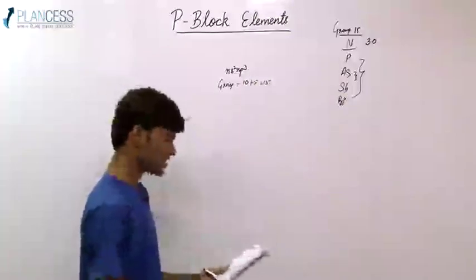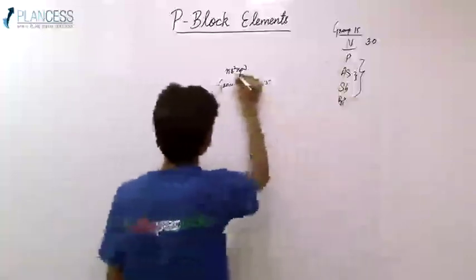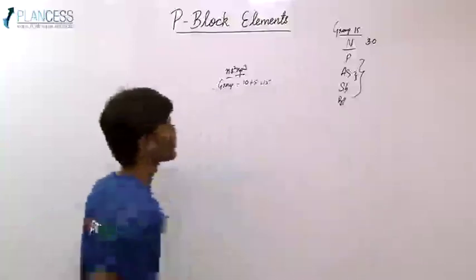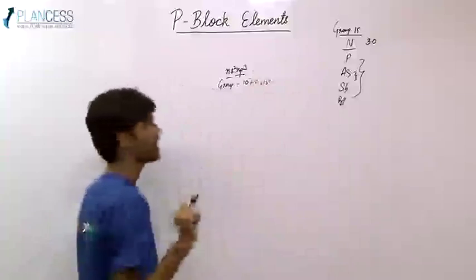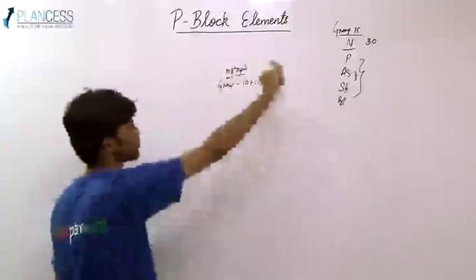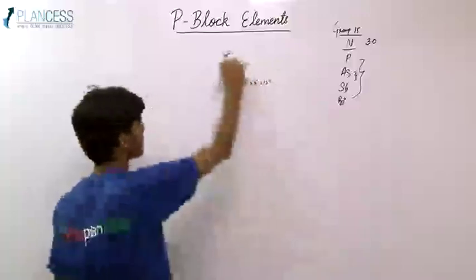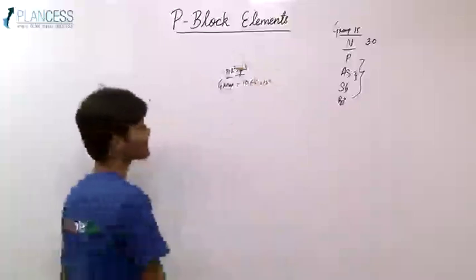Now talking about the +5 and +3 oxidation states. Group 15 shows +3 and +5 oxidation states. The same inert pair effect is shown in this case also. As we go down the group, the +5 oxidation state becomes less stable and the +3 oxidation state becomes more stable, because of the non-participation of the s electrons in bonding due to the increased effective nuclear charge.